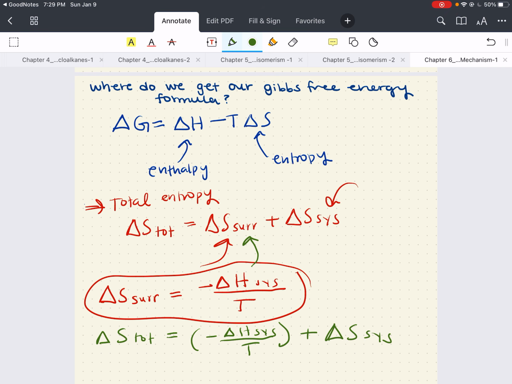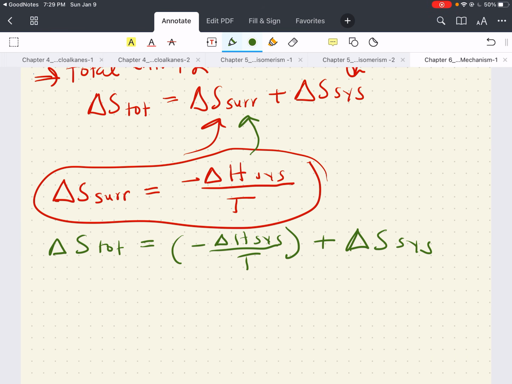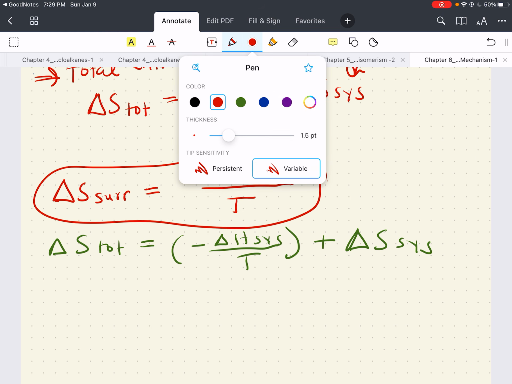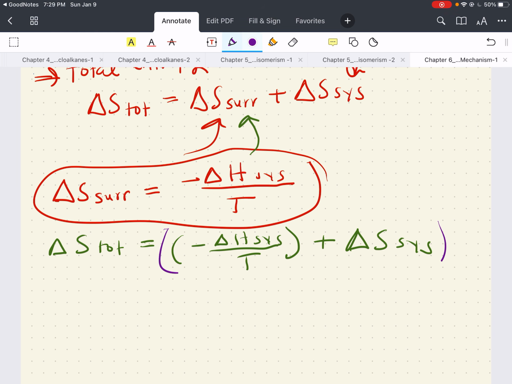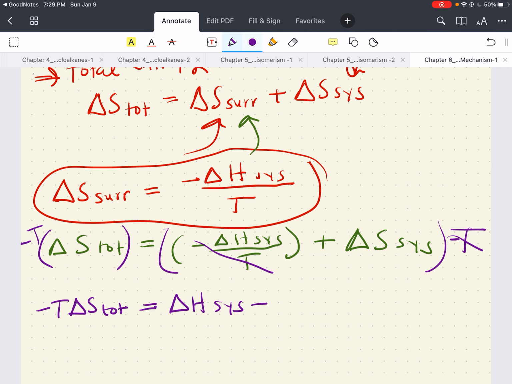Well, if we multiply both sides by negative temperature, we get negative temperature multiplied by the total entropy equals delta H of the system, because this cancels out with this, minus temperature and the entropy of the system.